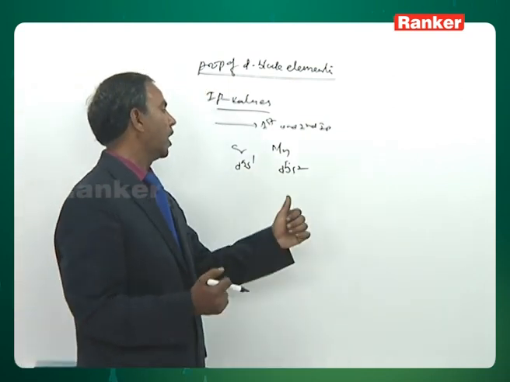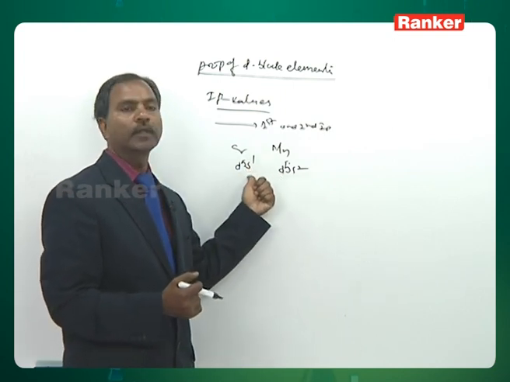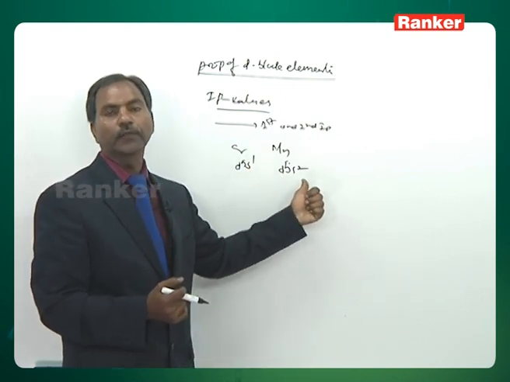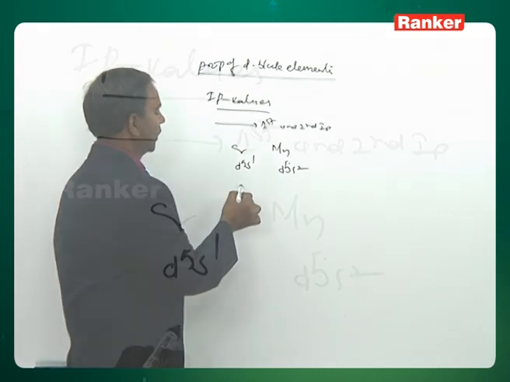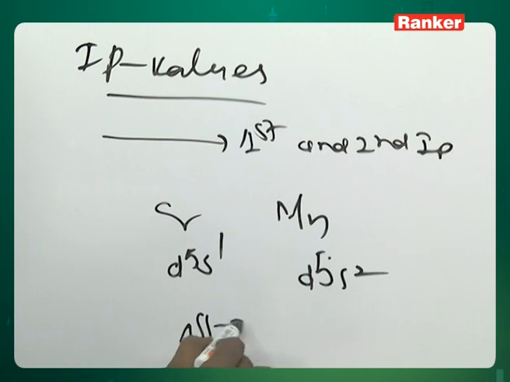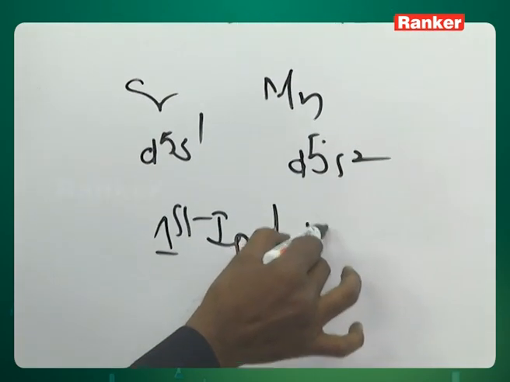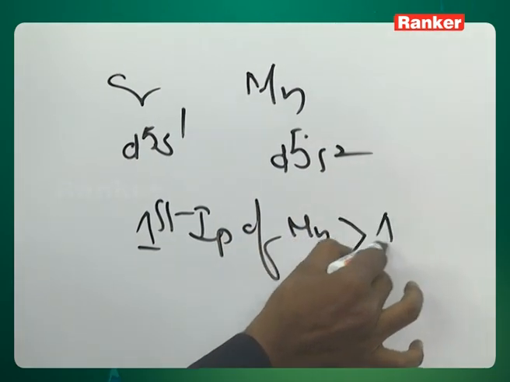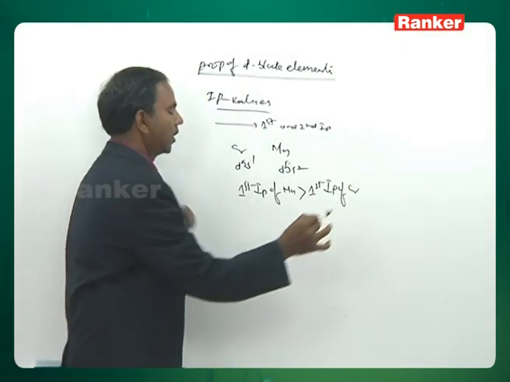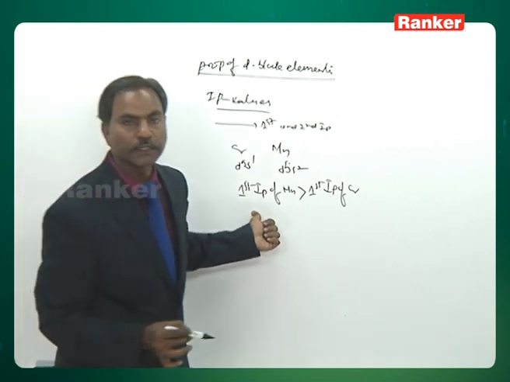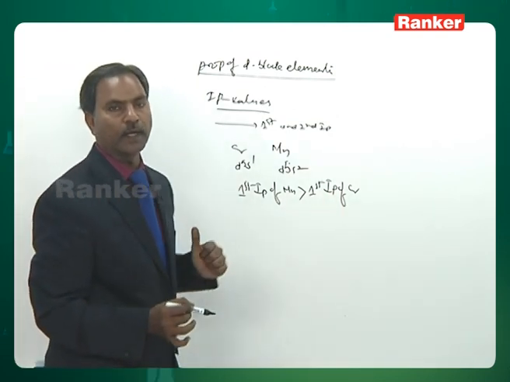The removal of an electron from S1 is easy, but from S2 is difficult. Therefore, I write a statement. Look at the board: the first IP of manganese is greater than the first IP of chromium.